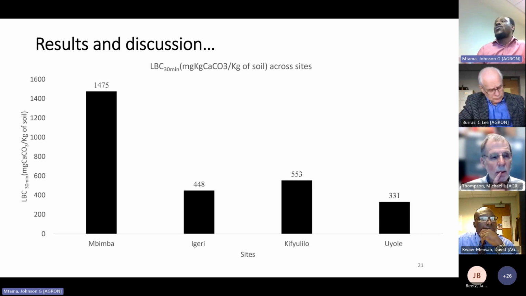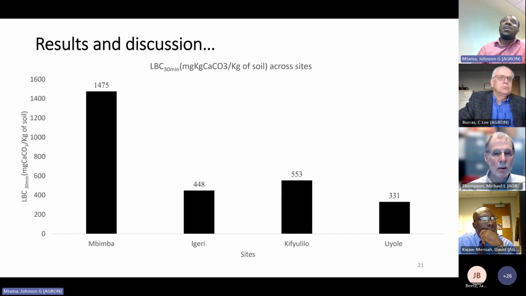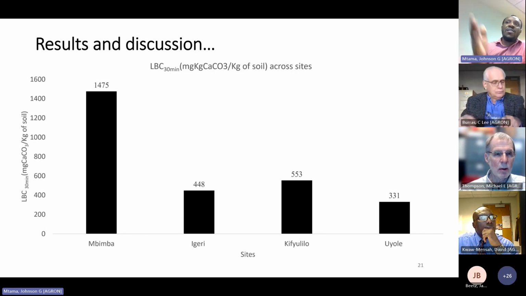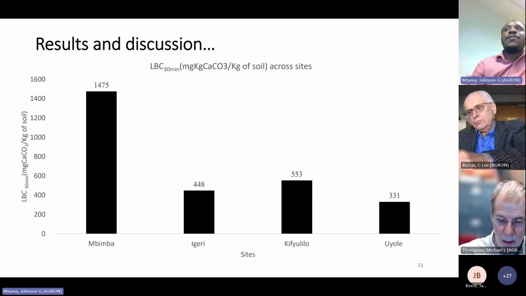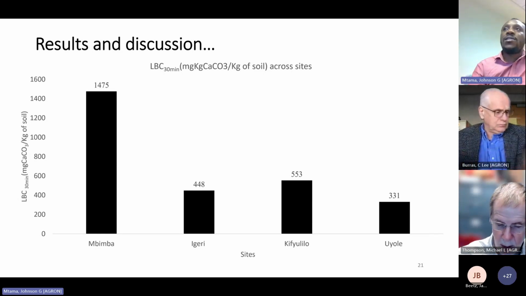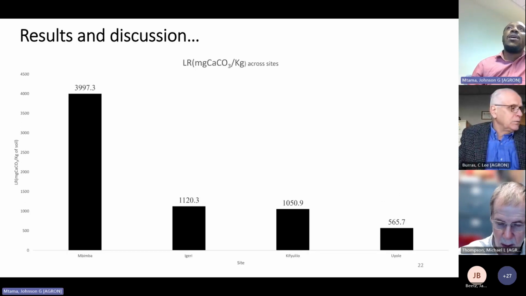And the other extreme case is for the Uyole site, where we needed only 331 milligrams of calcium carbonate to raise the soil pH by 1 unit. And for the other sites, Igeri and Kifyulilo, around 450 and 560 milligrams of calcium carbonate per kilogram of soil.